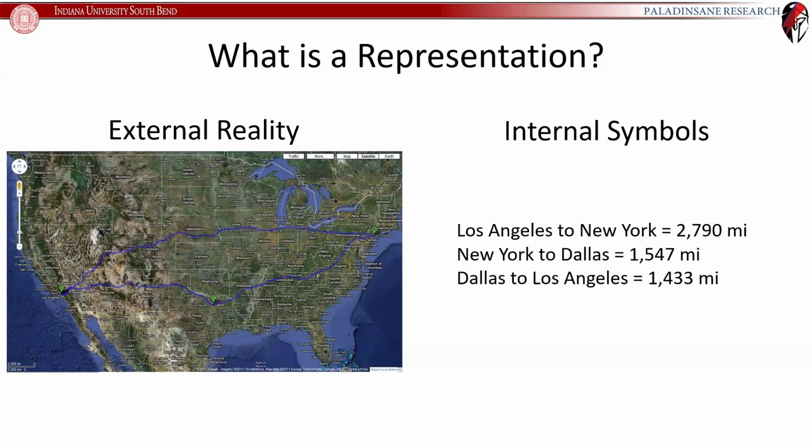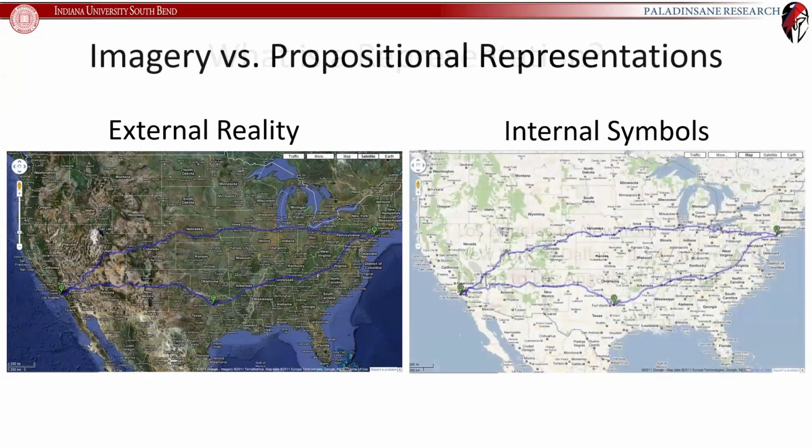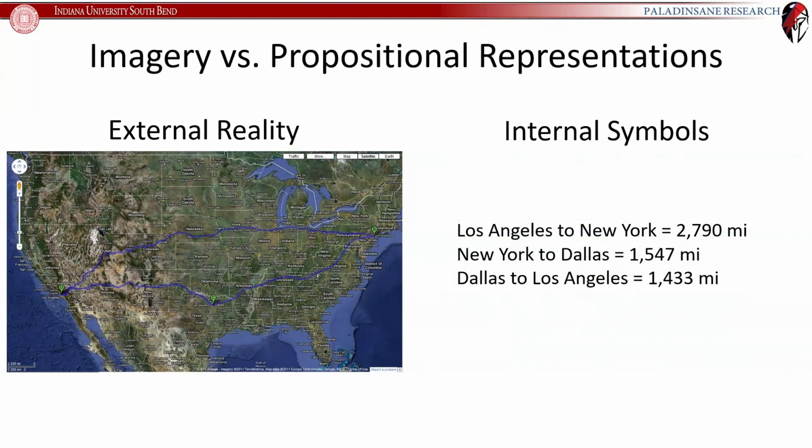Los Angeles to New York, they're 2,790 miles apart. New York to Dallas, 1,547 miles apart. Dallas to Los Angeles, and so on and so forth. You would need an extensive list. So you can have different ways of representing the same external reality, but with different internal symbols.